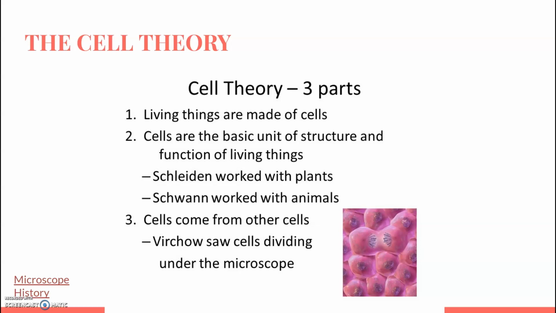Next, cells are the basic unit of structure and function in living things, meaning they are the smallest things that exist in living organisms that work and can be considered alive. And finally, cells come from other cells. Cells can only produce cells. You're not going to get cells from organisms that really aren't living. So those three things make up the cell theory.